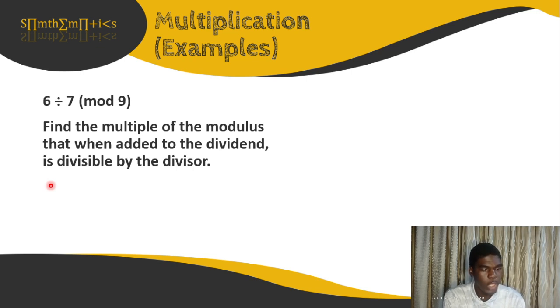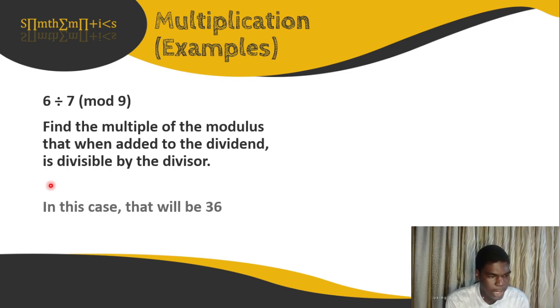So we're going to find the multiple of 9 that when you add it to 6 is divisible by 7. In that case it will be 36. 36 is the multiple of 9 that when you add 6 to it is divisible by 7. So let's try all the multiples of 9 till we get to 36.